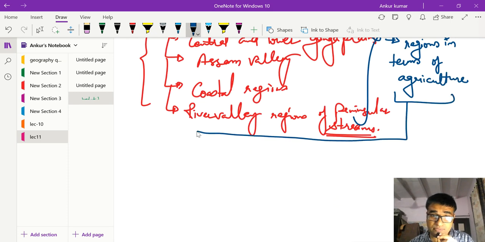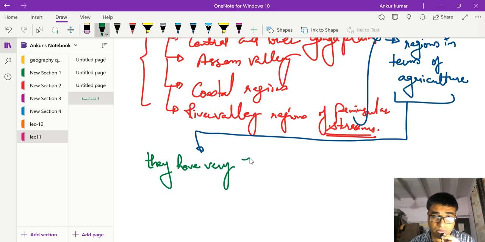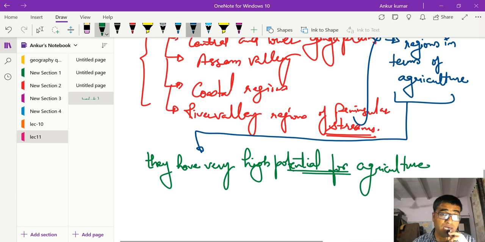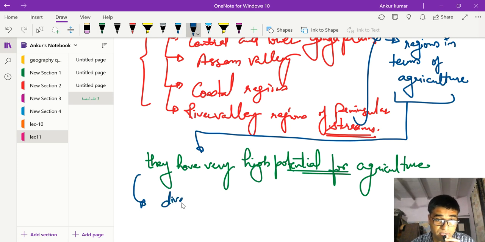But another interesting fact is they have very high potential for agriculture, and the agriculture done in these regions, if done properly, will also lead to diversification of agriculture.